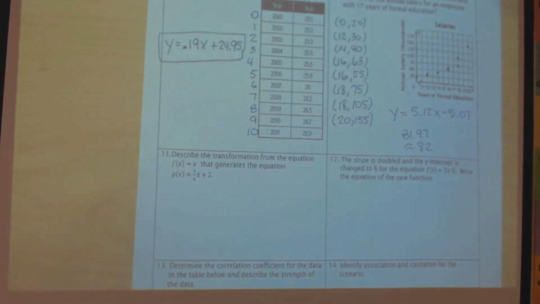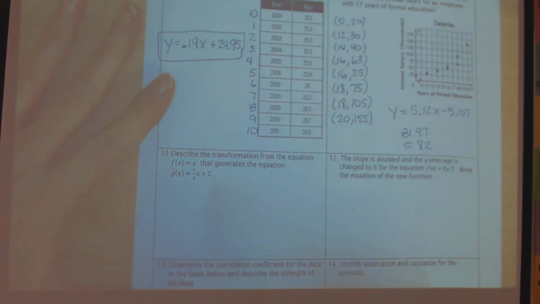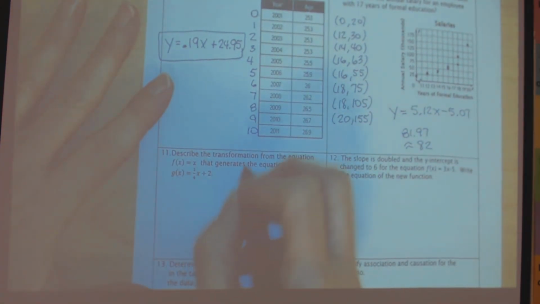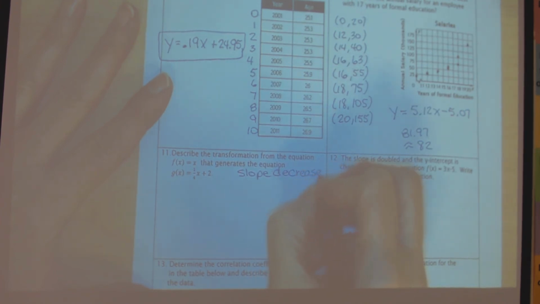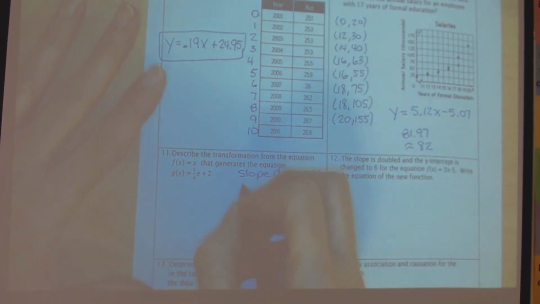Okay, problem number 11 wants us to describe the transformation from the parent function to this function. So what we had is we had our slope decrease because it went from 1 to 1/4. So we have a value less than 1 for our slope. And our y-intercept was an add 2.